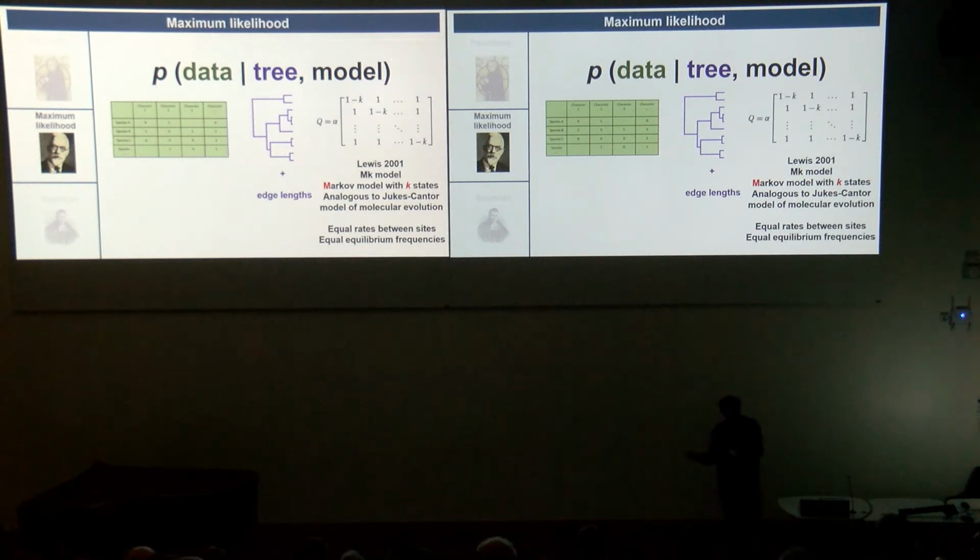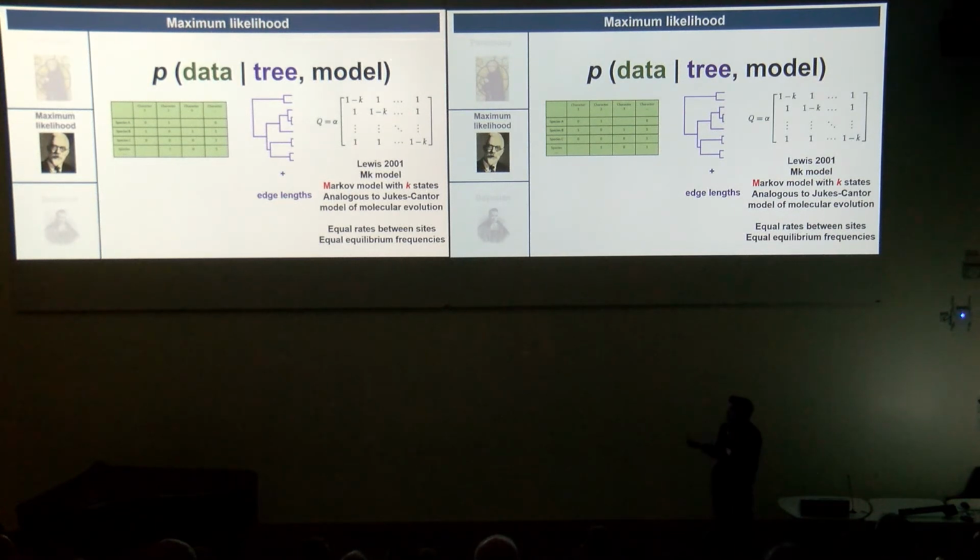So the second method that we're looking at is maximum likelihood, and this, as a statistical method, is the idea that we take our data and try to maximize the fit of our hypothesis, which in this case is our tree and associated parameters, so things like edge lengths. In order to fit this model, we need an idea of how sequences change through time.